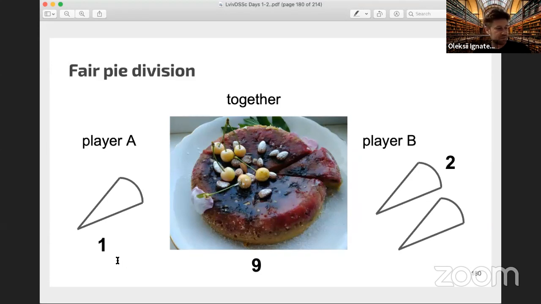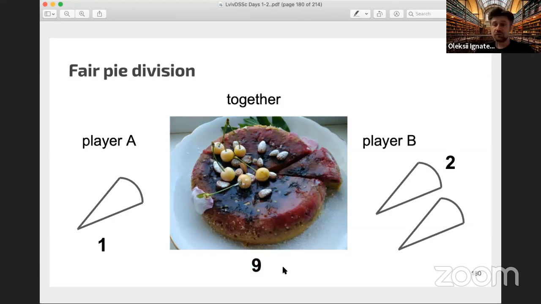Or you can imagine this as a production of some product, and player A can create one share, and player B can create two. But together, if they combine their services, they can produce 9.